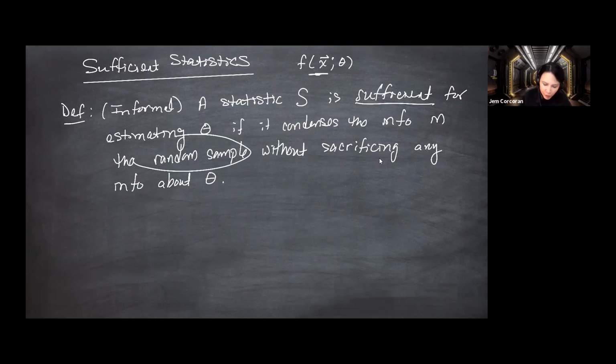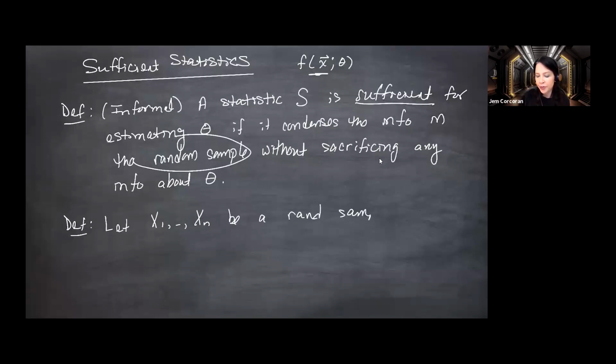So here's the formal definition. I'm just going to keep random samples, I think it's going to be a little easier. We'll talk about non-random samples after we've gotten a little bit further. So let x1 through xn be a random sample from a distribution with PDF f of x and theta.